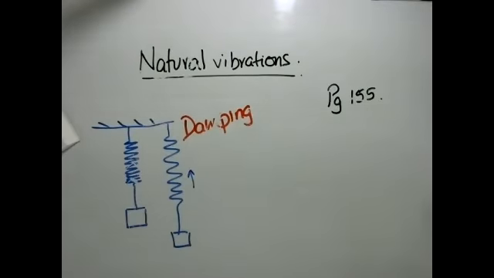So let us now try to quantify natural vibrations a little more. Since there are no real macroscopic objects that can actually have these kinds of natural vibrations, how do we quantify it?